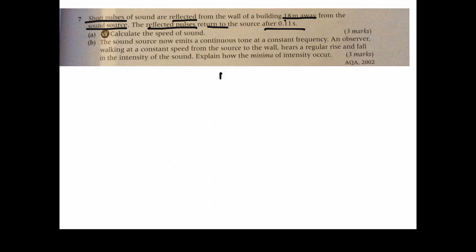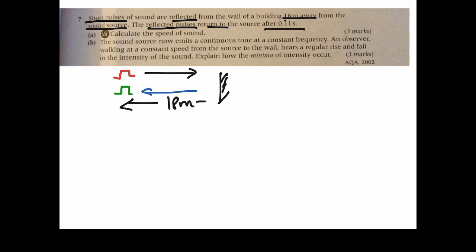Now this is where a quick sketch can't do any harm. So that's my pulse, sent forward. And I also get a pulse that returns back like so. The distance between the source and the wall is 18 meters. Calculate the speed of sound.